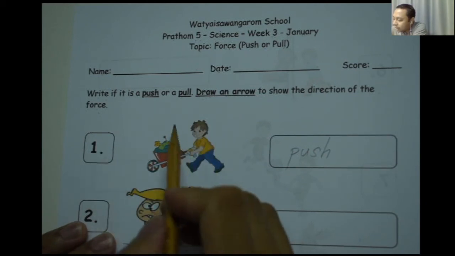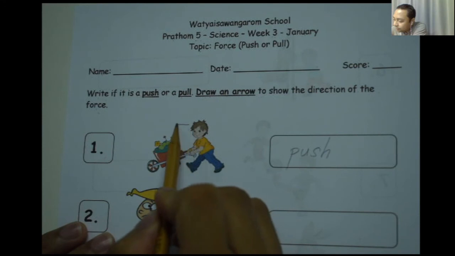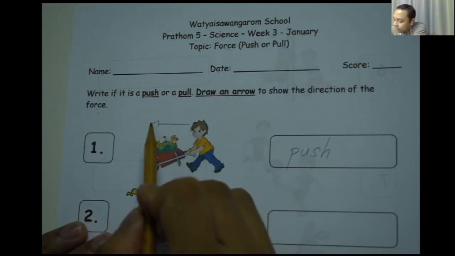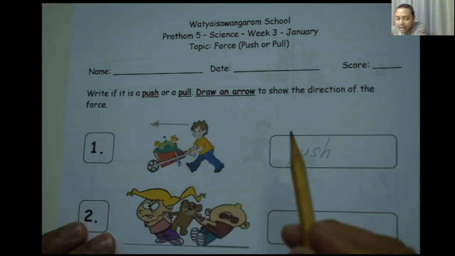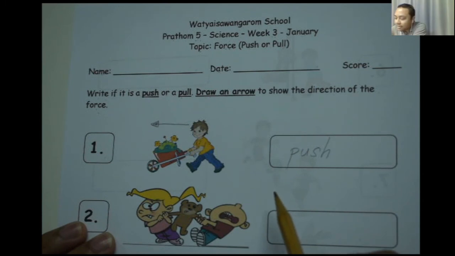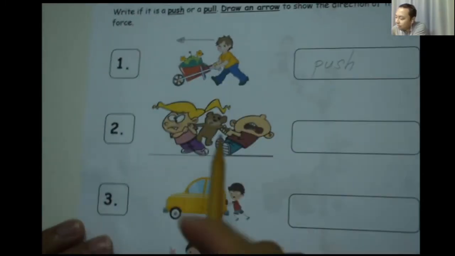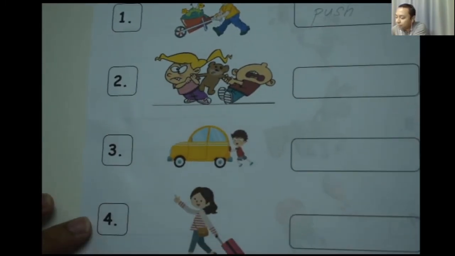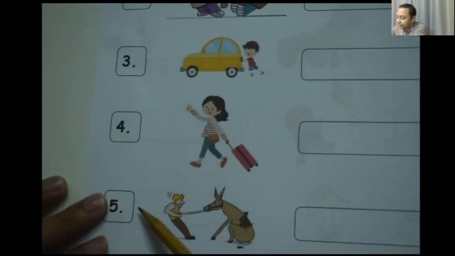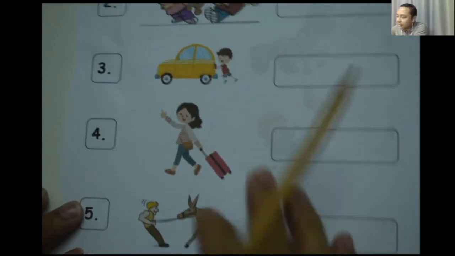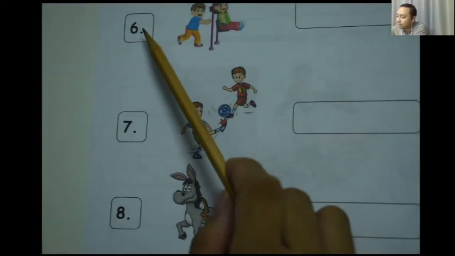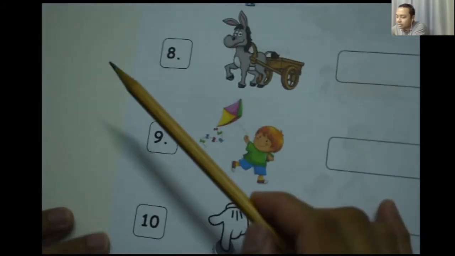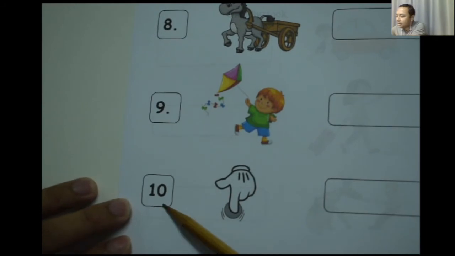So you write an arrow here above, an arrow. Okay, as simple as that. So you answer number 2, 3 up to 5 here. And then at the back there are also items 6 up until number 10. Okay, that's your daily worksheet.